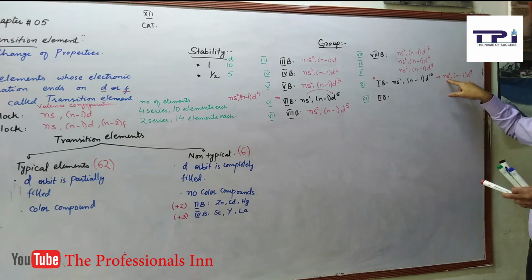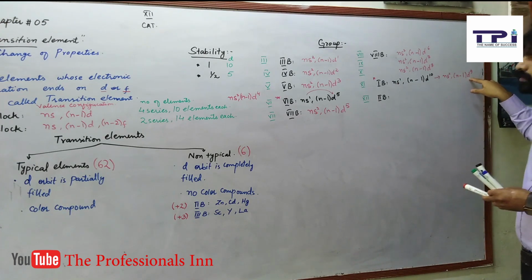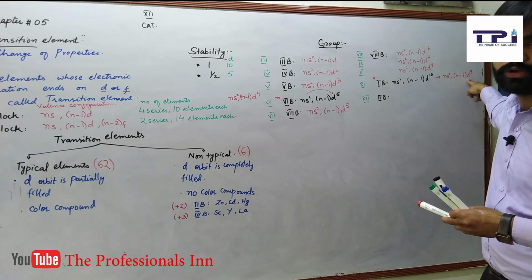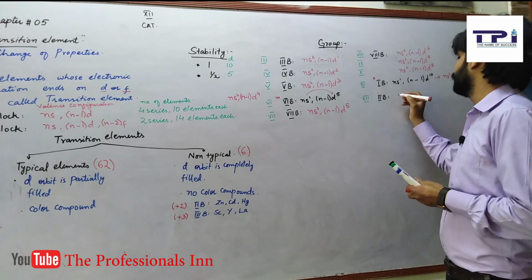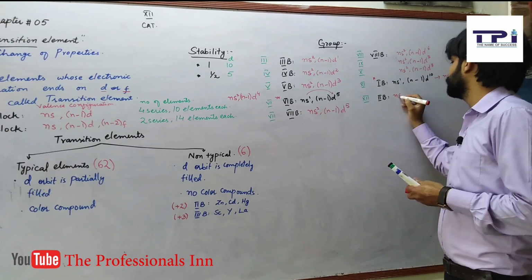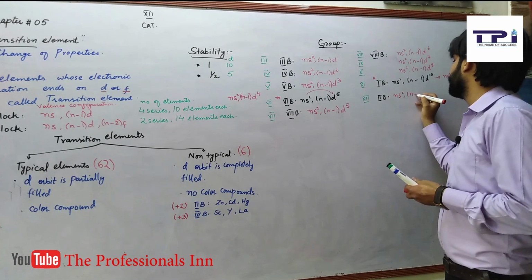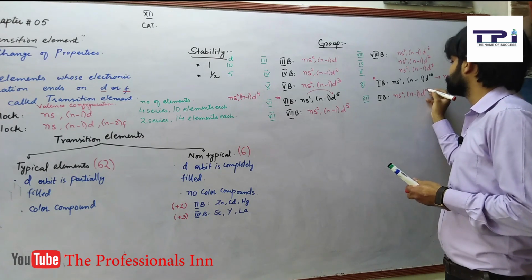But this S donates this electron to d orbit to make it fulfilled. For 2b, you will have valence configuration ns2 n-1d10.